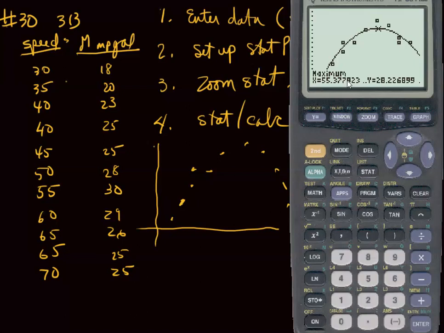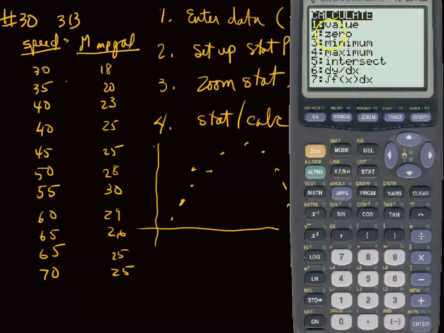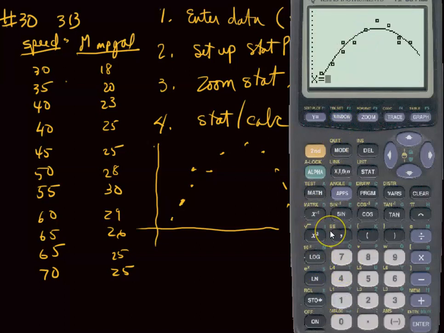Use the function to predict the miles per gallon for a speed of 63. Okay, how do we figure out the 63 on here? Once again, do second calc. And this value, number 1, allows you to put in x.